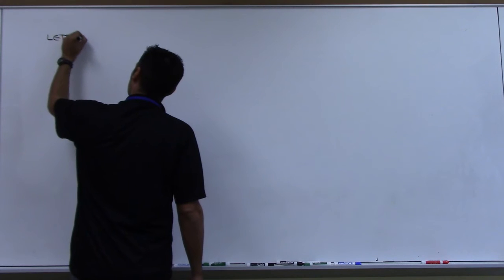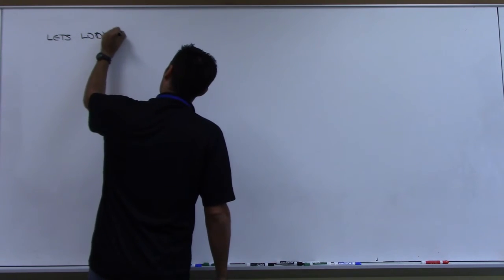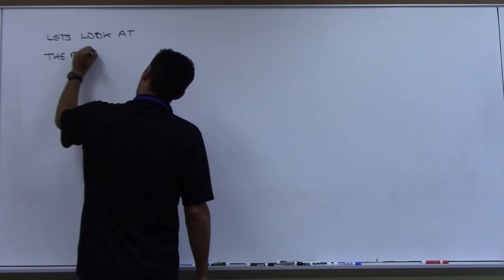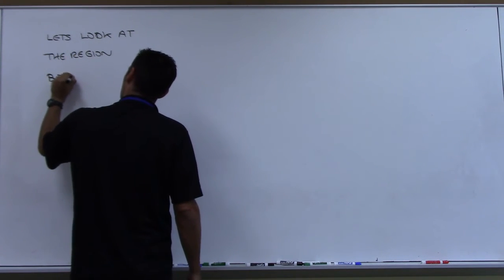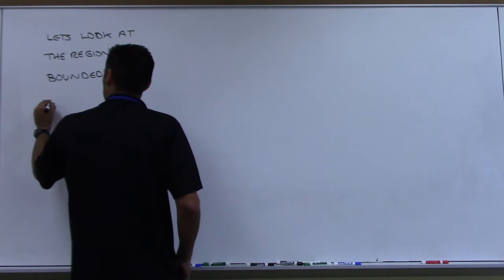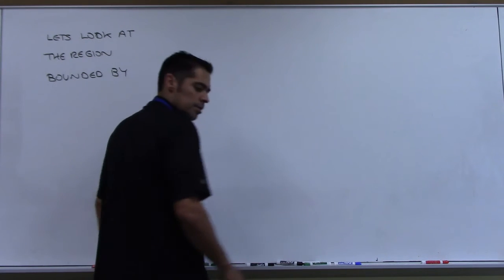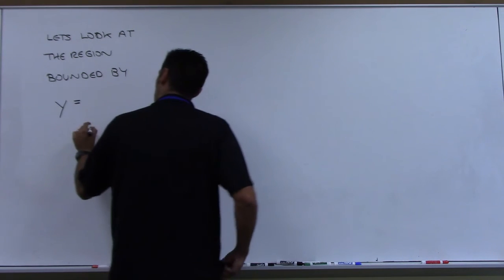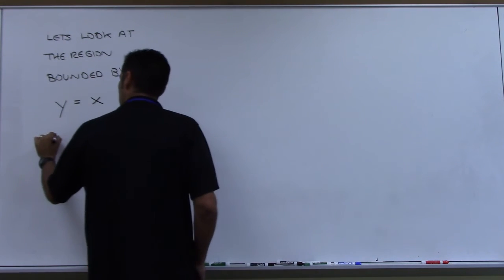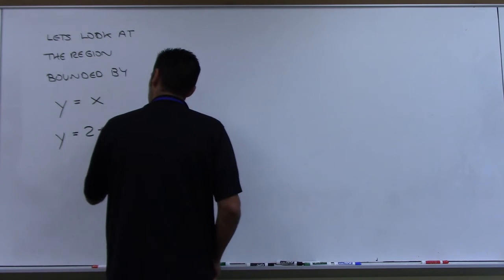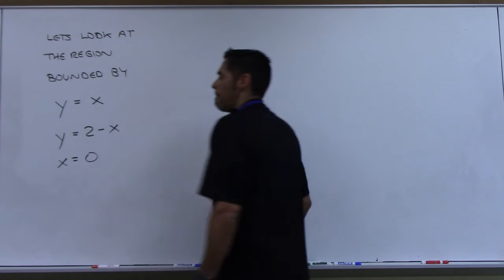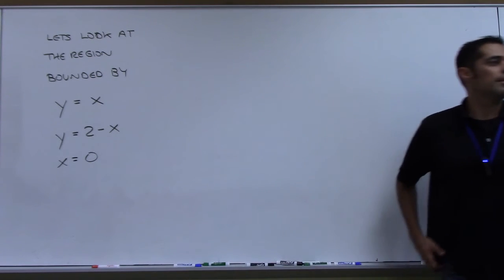Let's look at the region bounded by y equals, we're going to go really basic here, x, y equals 2 minus x, and x equals 0. Let's take a look at that region bounded by those curves.